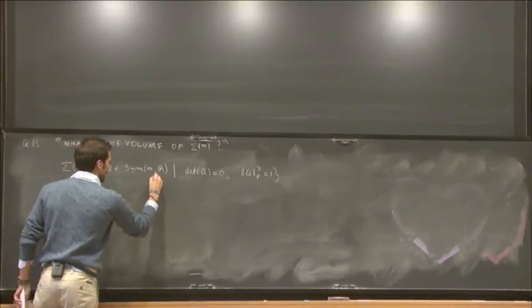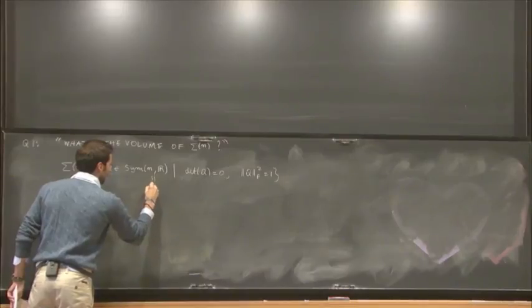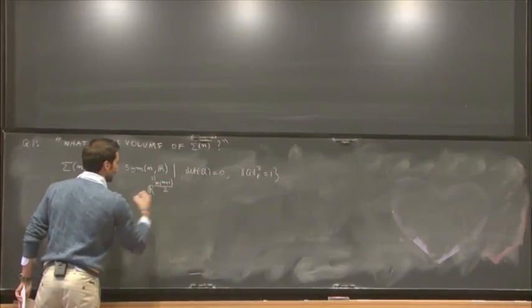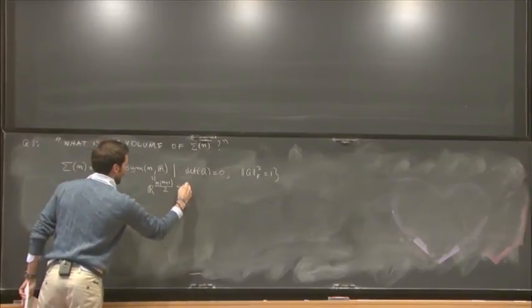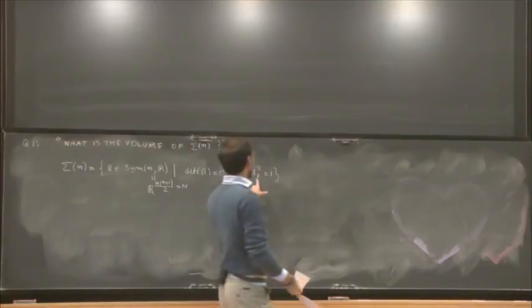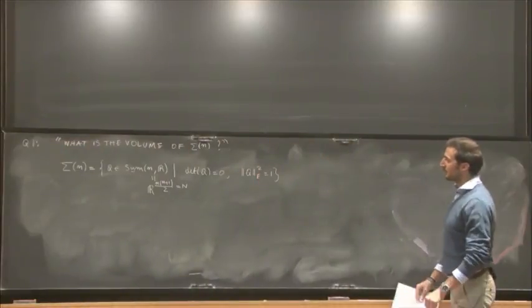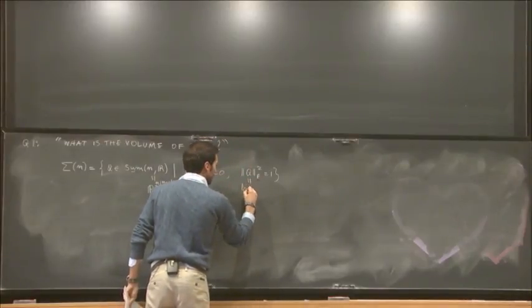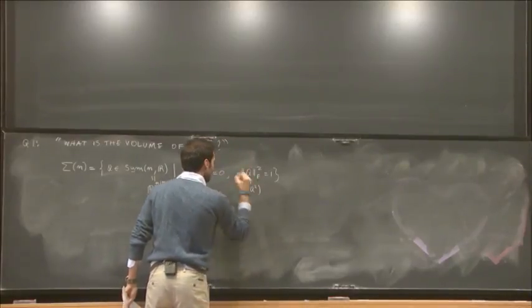Let me call this a vector space of dimension n times n plus 1 over 2. I'm going to call this number capital N. And then we have a scalar product in this vector space, which is the most natural one, the Frobenius norm. So this is just the trace of q squared.